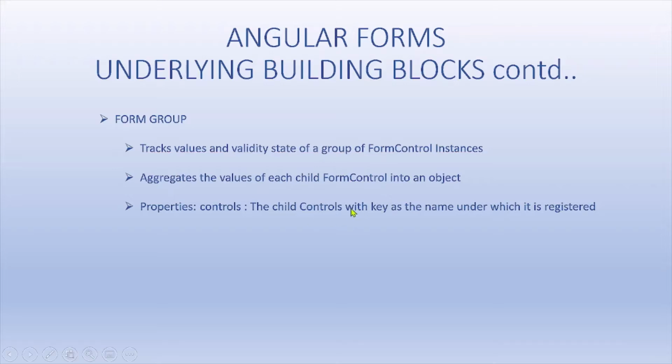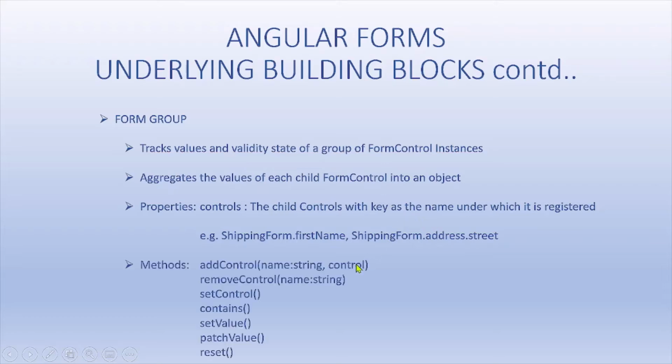So as is mentioned here, the child controls with the key, which would be the name under which the control is registered, would be the property of the object. And how we could refer to that is something like this: shippingForm.firstName, shippingForm.address.street, right? Because street is part of the address form group, which in turn is part of the shipping form group.